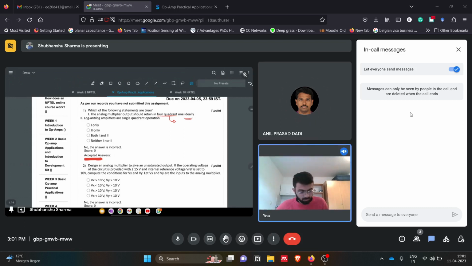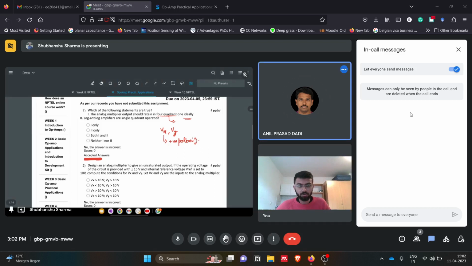Actually, ideally, because if you give Vx and Vy signals, and Vx is only limited to positive polarity, that is unipolar, then we cannot achieve all the functionalities from this multiplier. If you have a signal with negative polarity, you cannot give it to that multiplier. But if it is four quadrant, you can use any signal in that. Okay, sir.